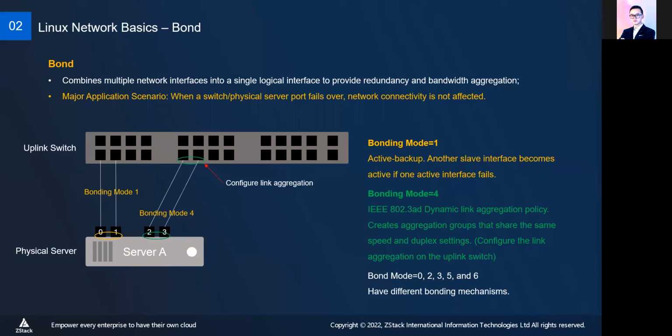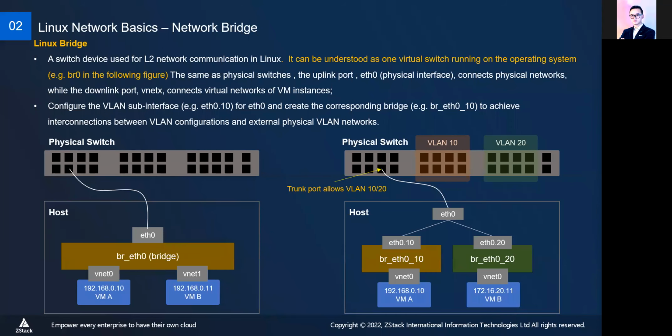It's actually an active backup mode, which means only one NIC is in use, and once the active one fails, it shifts to the backup. And we recommend to use bond mode 4, which is LACP, a load balanced network for the two NICs. But for bond mode 4, you also need to configure the LACP protocol or the link aggregation on the switch side. But for bond mode 1, you don't need to do any configuration on the uplink switches.